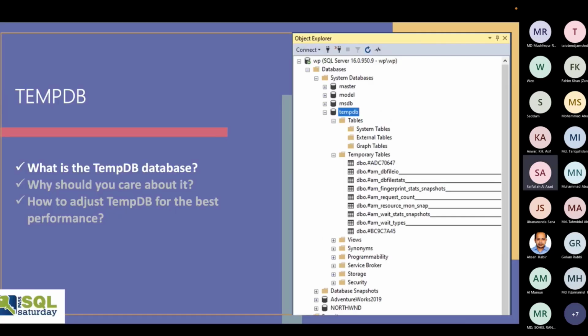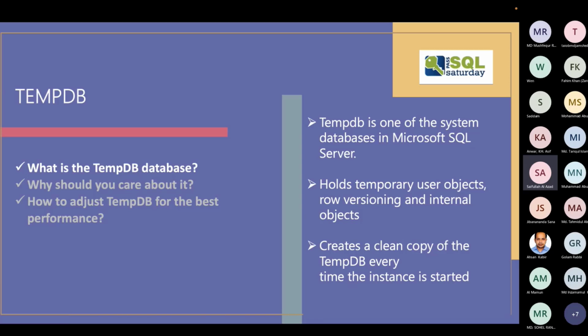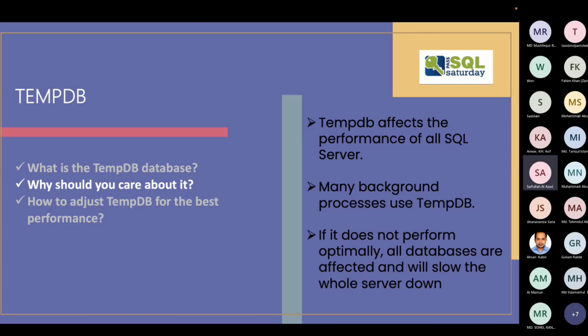So, temp table. I think temp tables were already covered, very generally and deeply, so I should avoid them. But here I want to say something: TempDB affects the performance of the whole SQL Server.